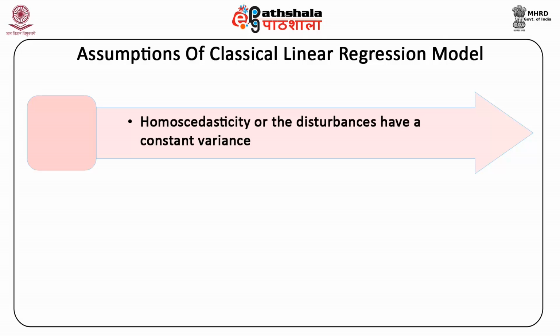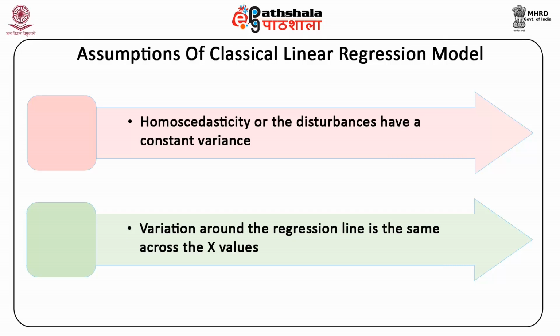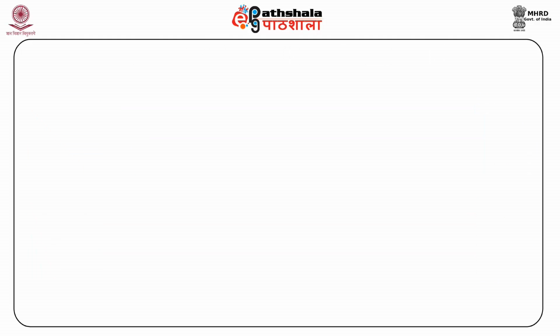In other words, the variation around the regression line, which is the line of average relationship between y and x, is the same across the x values.